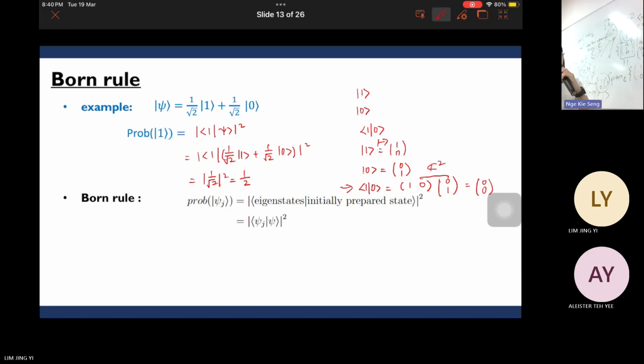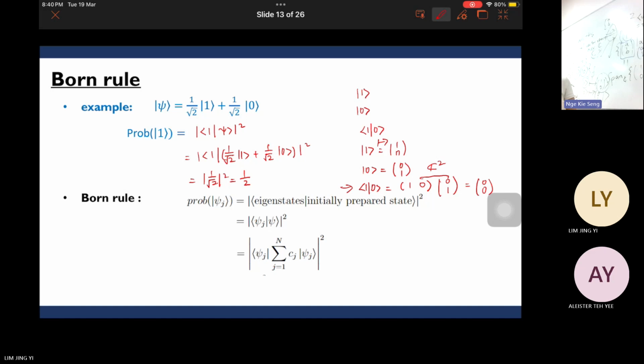So this is actually the Born rule. The Born rule basically tells us how we can determine the probability of a state in the eigenstate. And this is the formula that we are using. Just take the bra of the eigenstate and compute it together with the ket of the state that you prepare initially.